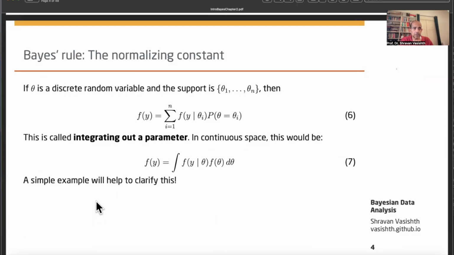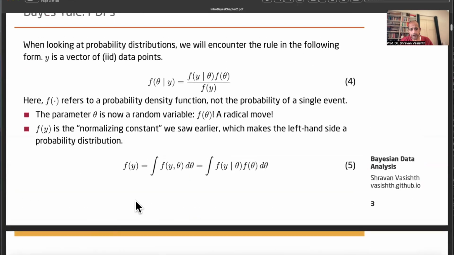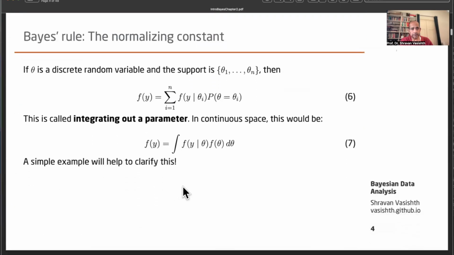Okay? So imagine, let's simplify this problem. Here we're talking about integral calculus, but we can simplify this problem by discretizing it, okay? Then we can get a better handle on what it means to integrate out a parameter.